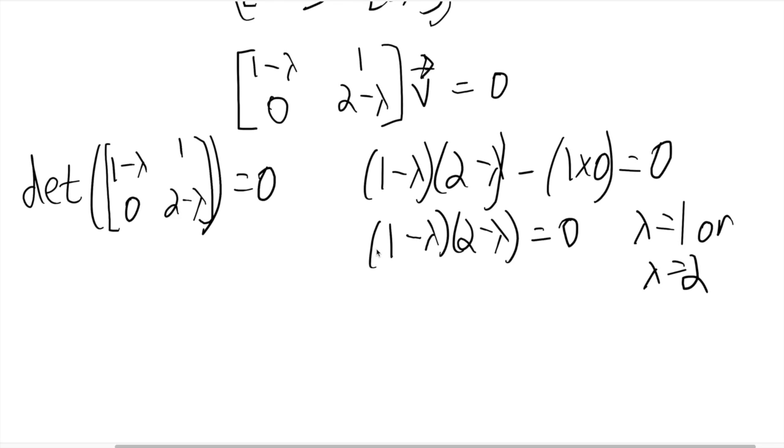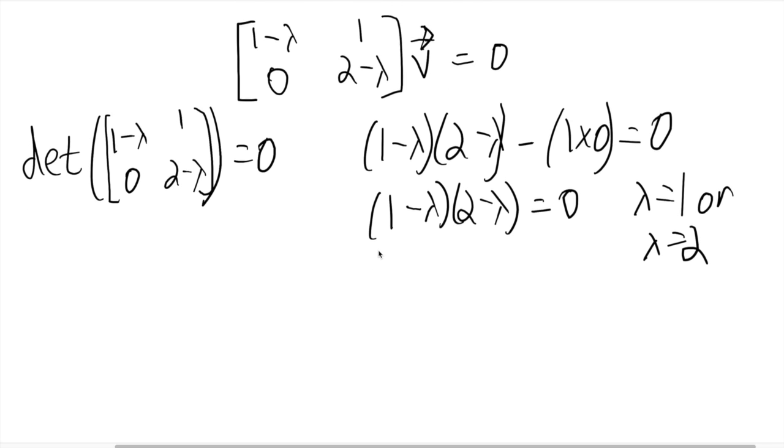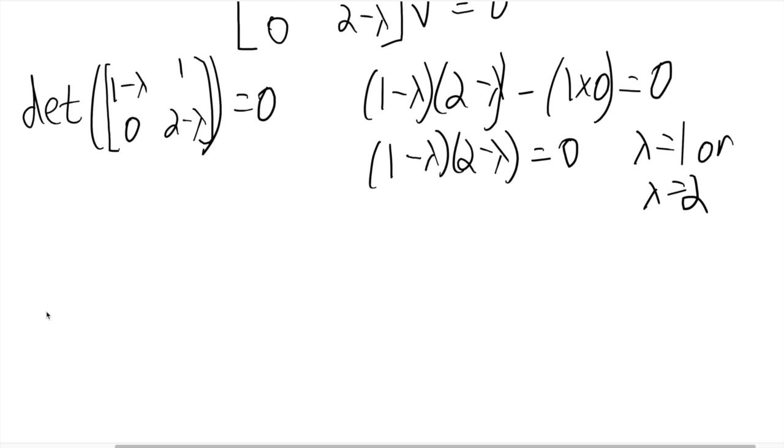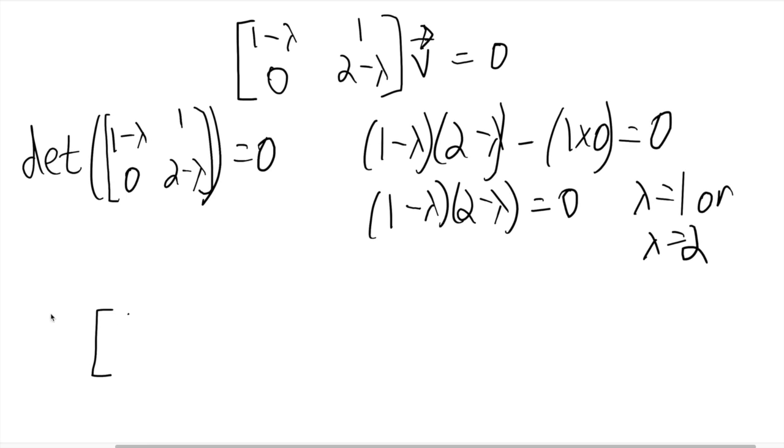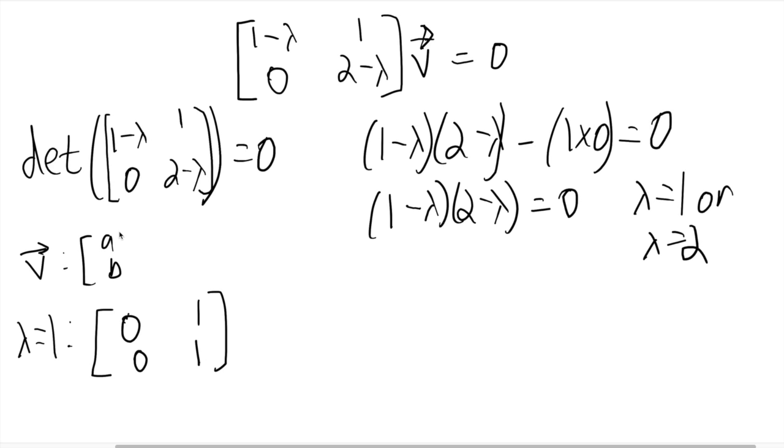If we substitute these eigenvalues into our matrix and vector equation, in the first case, if lambda equals 1, we will get 0, 1, 0, 1 multiplied by the vector v. And actually, I'm going to write the vector v as (a, b).